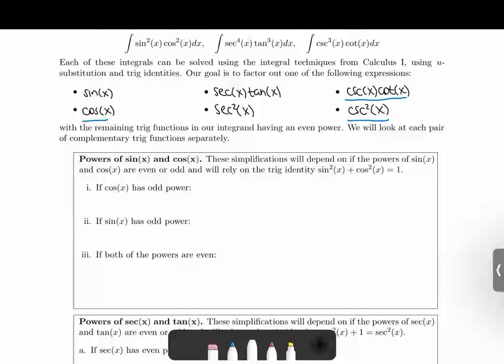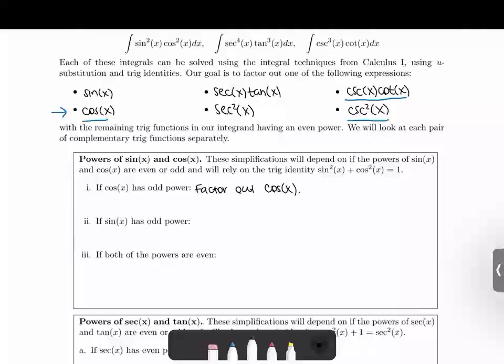So if cosine has an odd power, that means that we can factor out one power of cosine, so cosine to the first power. And once we factor out that cosine, we may have some left, right?